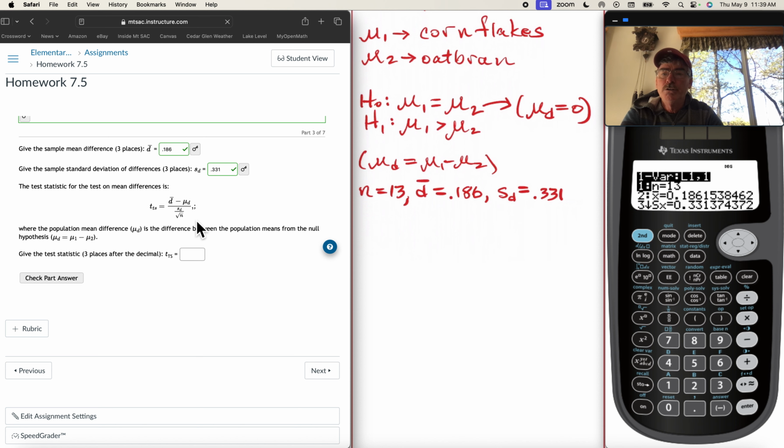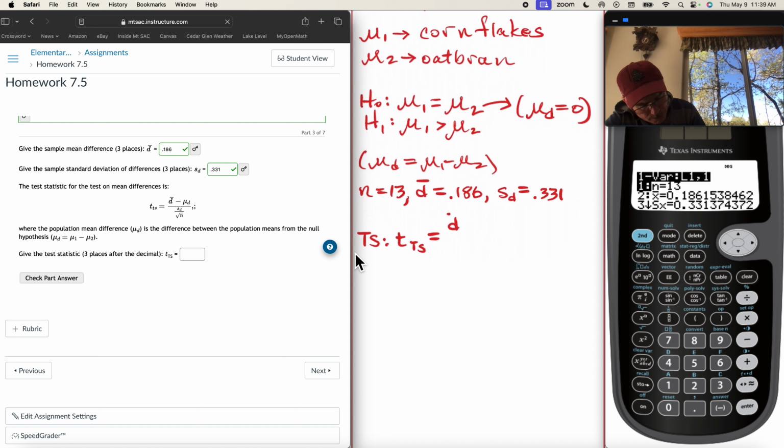And then we'll have to do this test statistic. So here it comes. It's a t-test because we're using a sample standard deviation. So d bar minus mu sub d over SD divided by square root of n.